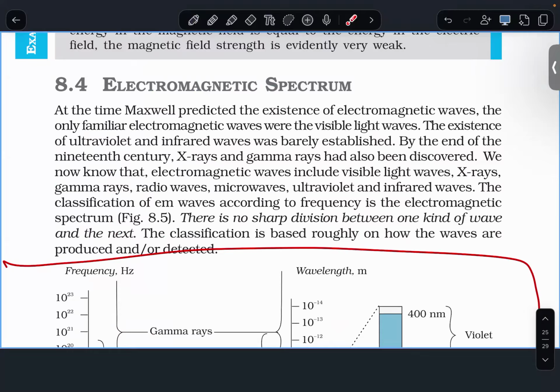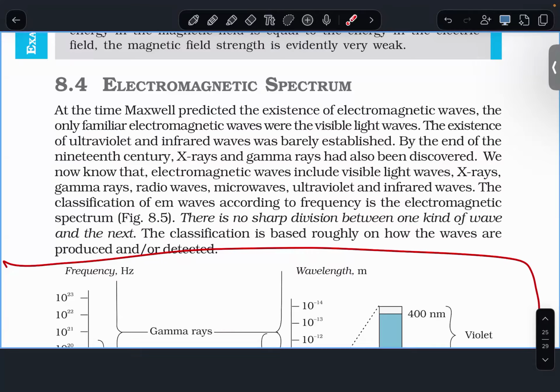Later on, the existence of ultraviolet and infrared was experimentally observed. There was no idea about a spectrum by that time. Accidentally, sometime later, X-rays were observed. As science proceeded, gamma rays were discovered experimentally. So all these are electromagnetic, and therefore there is a need to put them in a proper order.